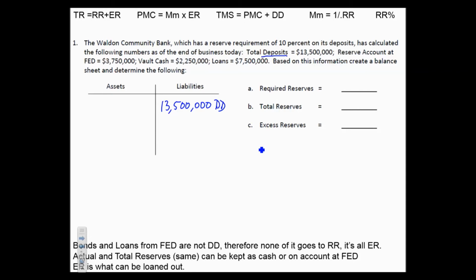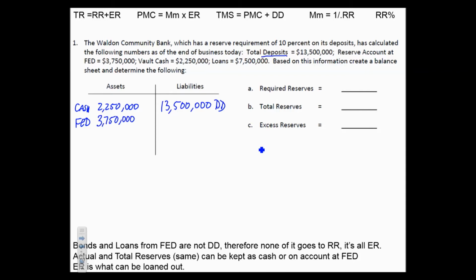Okay? Then it's got cash money in two locations. It's got it at the Fed and in the vault. So those are assets. So we put those over here. So we have cash in the vault of $2.25 million. And they've got the same. They got more cash, but they keep it at the Fed, $3.75 million.